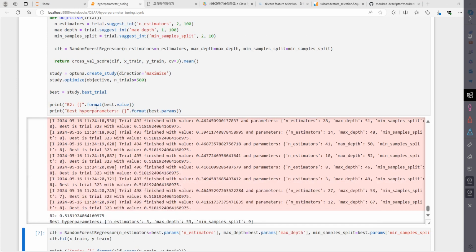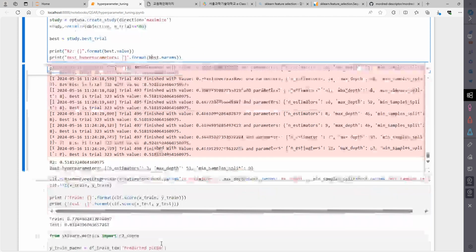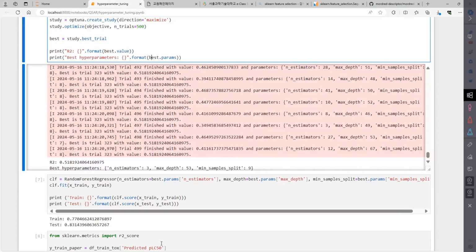Once Optuna finished its experiment, you save the result using study.best_trial. In here, you can find the best prompts. So once optimization is finished, what you need to do is use Optuna to find the best set of parameters.